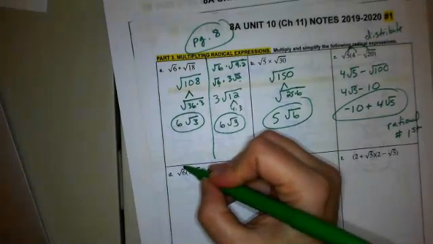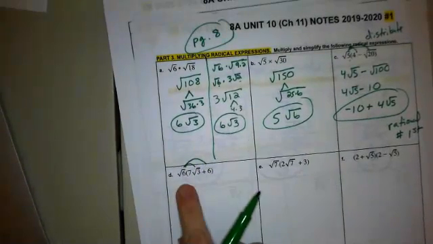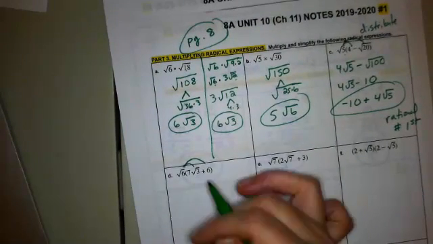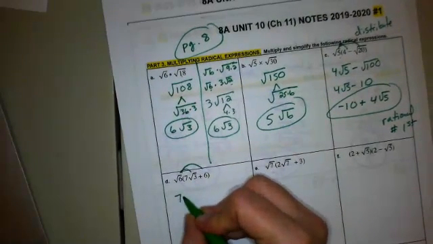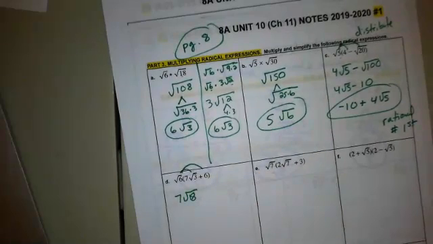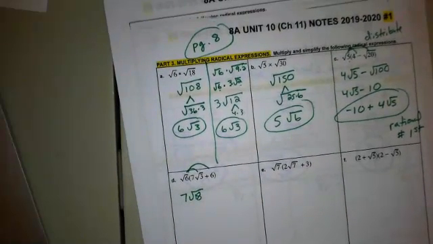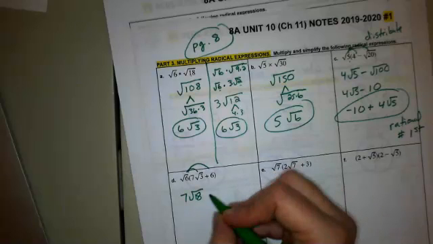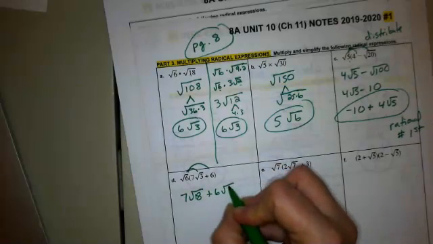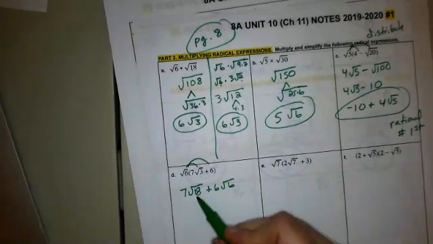Again, this is distributing. Okay, we're going to take square root of 6 times 7 root 3, and that's going to give me 7 root 18. Okay, and then we have square root of 6 times 6. That's going to give me plus 6 root 6. Okay, I can see a perfect square inside there.